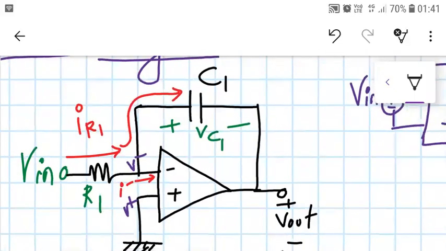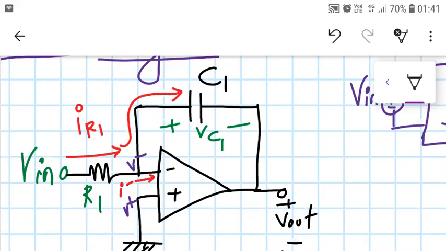Here we can see that the current flowing through the resistor R1, IR1, is the same current flowing through the capacitor C1. Now why is that? That is because I minus is equal to 0, and that is because the input impedance of the op-amp is very high. Now can we write the IR1 expression?